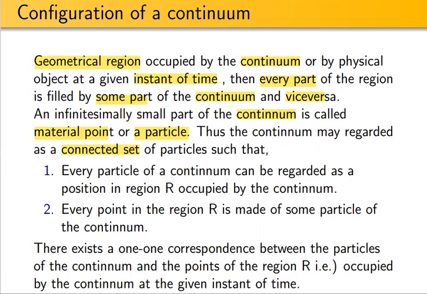Everywhere there is a particle, and every particle of the continuum can be regarded as a position in the region R occupied by the continuum, and every point in the region is made up of some particle of the continuum. So there is a one-to-one correspondence between the particles of the continuum and the points of the region occupied by the continuum at a given instant of time.